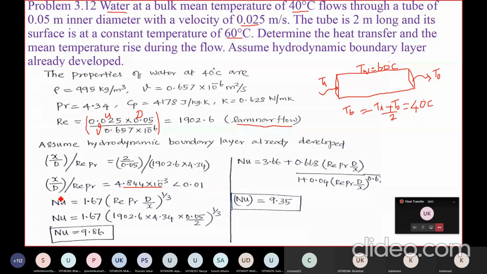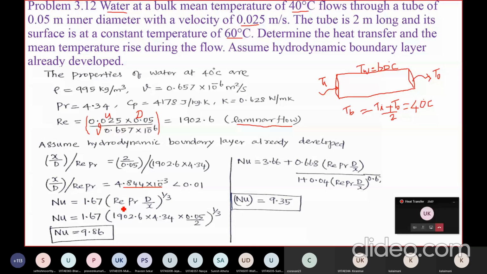Therefore, I am using this relation to find the Nusselt number. Nusselt number is equal to 1.67 into Reynolds number, Prandtl number, then d by x, whole power 1 by 3. Reynolds number is 1902.6, Prandtl number is 4.34, into diameter 0.05 divided by 2, whole power 1 by 3. We get Nusselt number equal to 9.86.